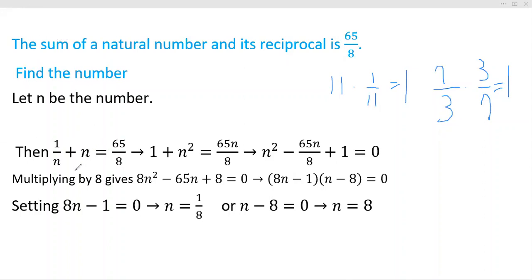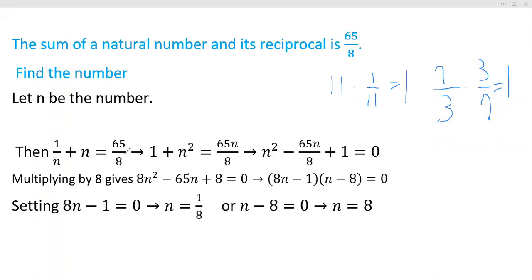Now, at this point, we try to create an equivalent equation that we can factor. What I did on this step is multiply this expression by n. Notice that n times 1/n just gives you the 1. Then n times n is n squared.